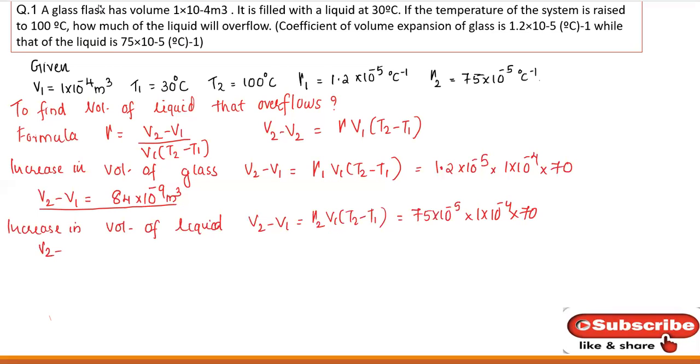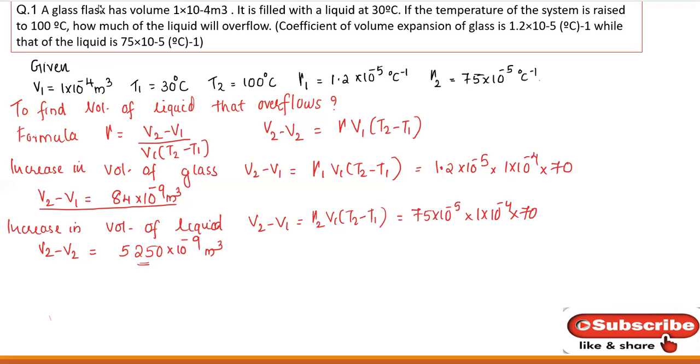That is, V2 minus V1 equals 75 × 70, that is 5,250, × 10^-4 minus 5, which is 10^-9 m³. That is, the increase in volume of liquid is greater than the increase in volume of glass.